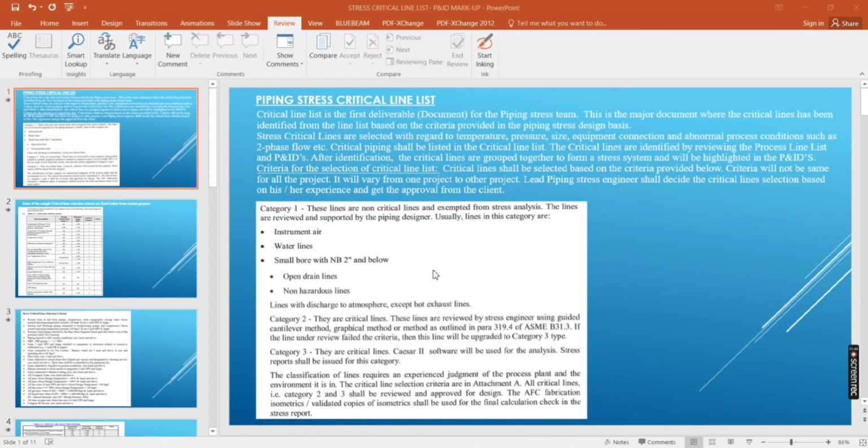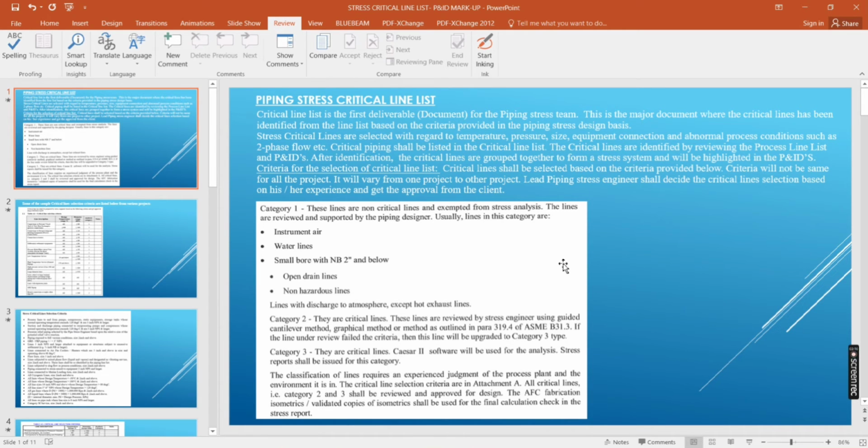For example, in this project, which is one of the projects we have done, category 1 lines are non-critical lines and exempted from stress analysis. That means some utility lines, instrument air, water lines, small bore lines, and all drain lines will be considered non-critical lines.